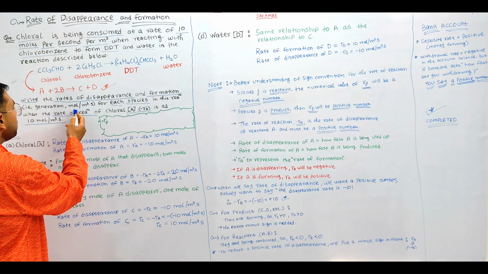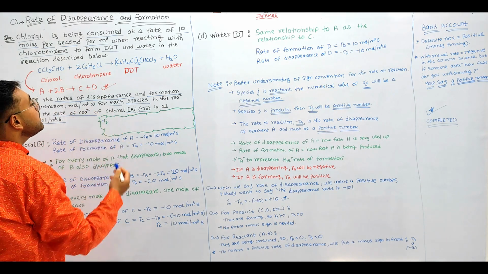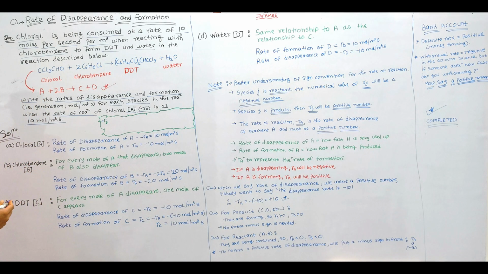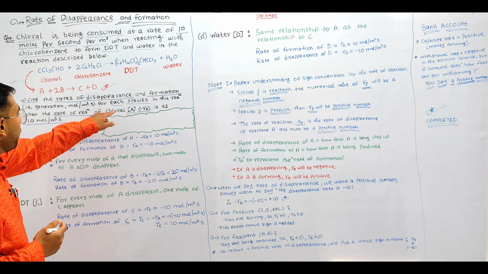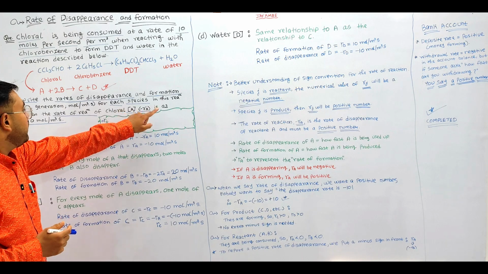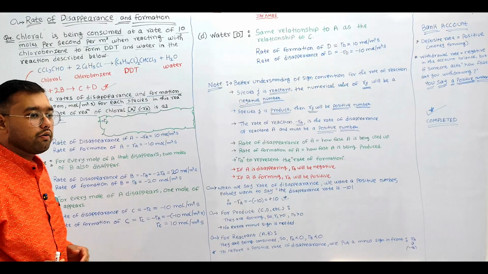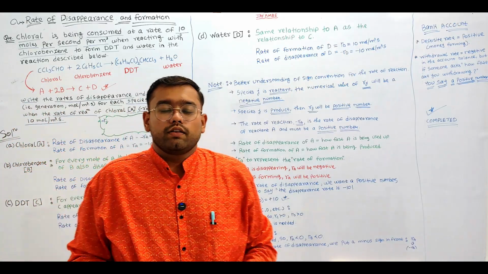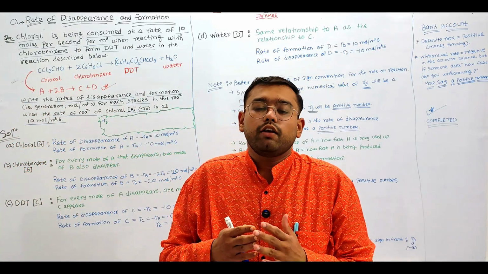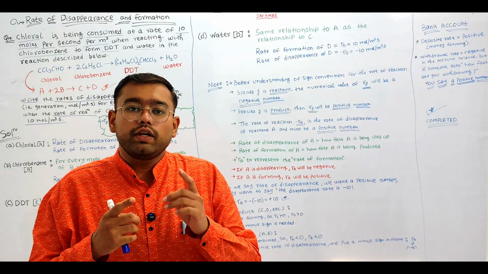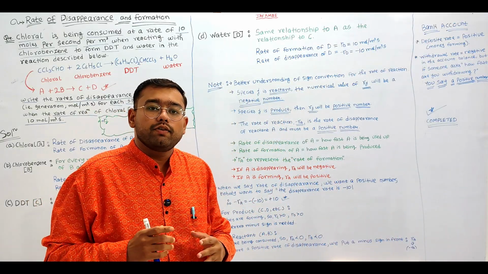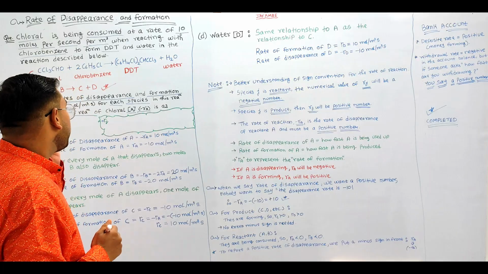The units are moles per meter cube per second for each species in the reaction, when the rate of the reaction of chloral A, minus Ra, is 10 moles per meter cube per second, right? So they are asking to write the rate of the formation and the rate of the disappearance with respect to each and individual species, right? So how can we write?